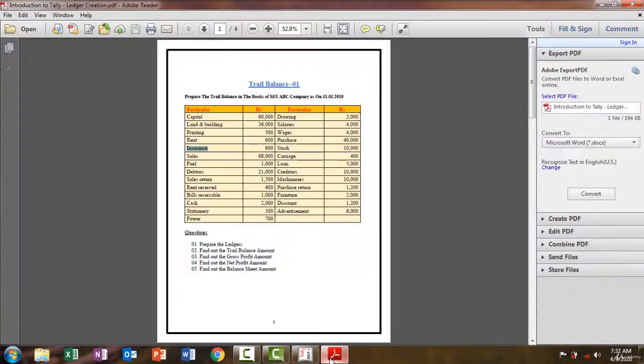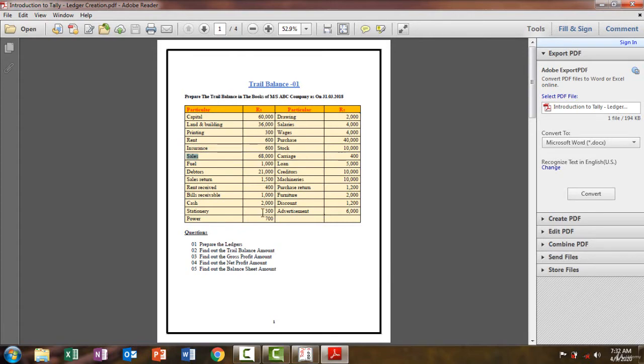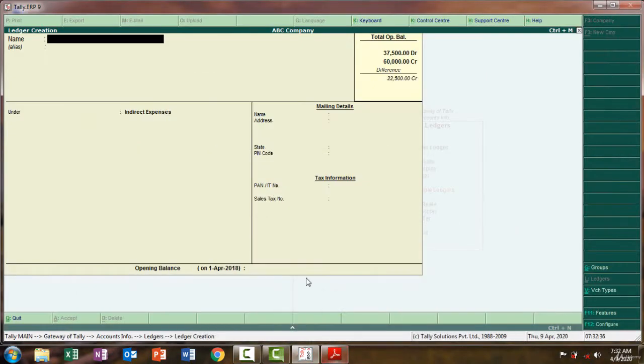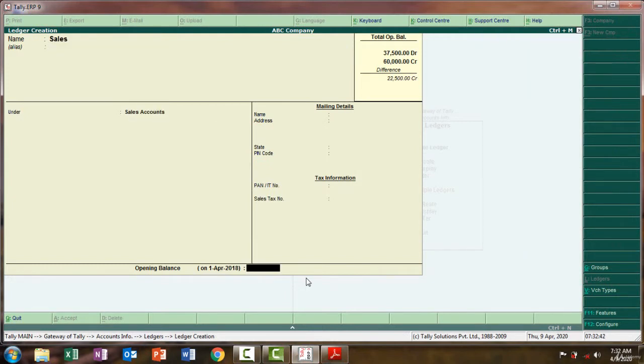The next one is sales 68,000. It comes under the sales account, 68,000. The sales account is always credit.